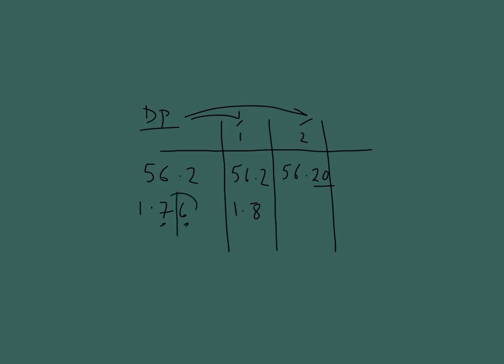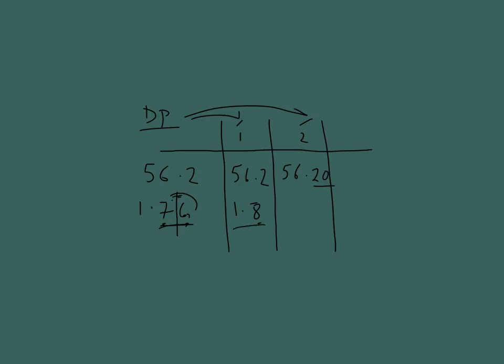And you say, is it closer to 70 or is it closer to 80? 76 is closer to 80. Or this 6 is above 5. So anything 5, 6, 7, 8, 9 rounds the next number on the left up. So that's why it's 1.8.